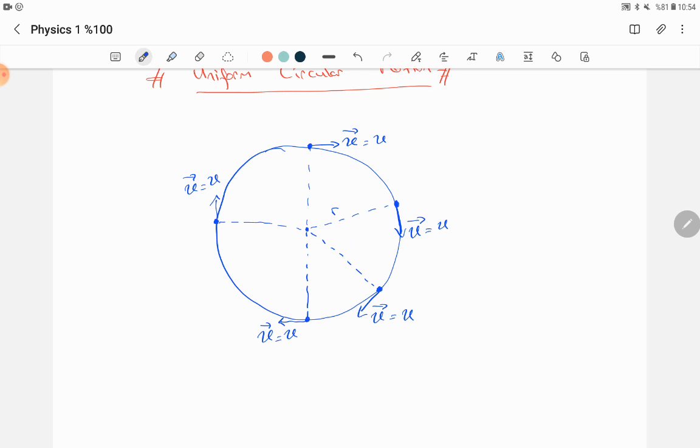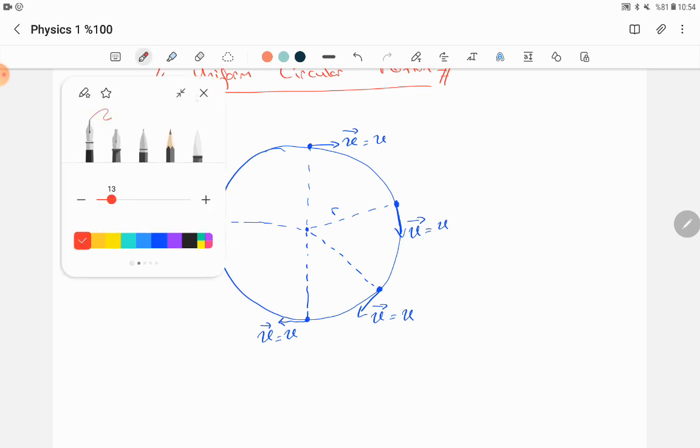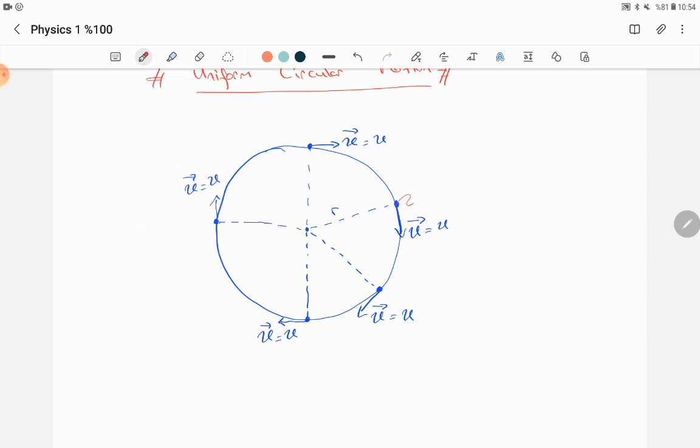If the velocity is changing there is an acceleration, and this acceleration's direction is toward the center of the circle.